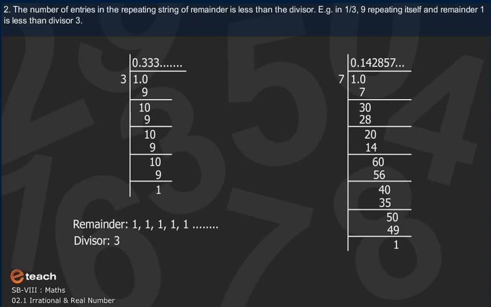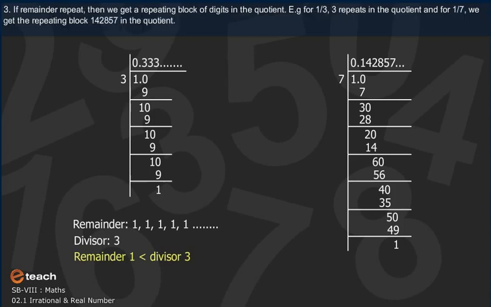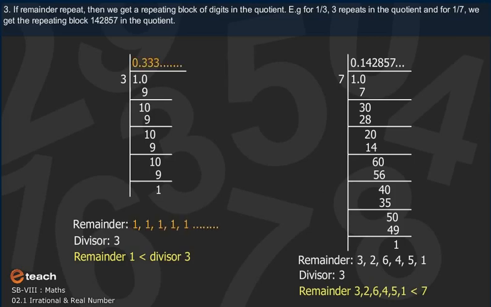For example, in 1/3, the remainder 1 keeps repeating, and it is less than divisor 3. 3. If remainder repeats, then we get a repeating block of digits in the quotient. For example, for 1/3, 3 repeats in the quotient and for 1/7, we get the repeating block 142857 in the quotient.